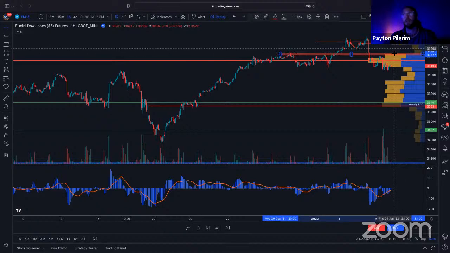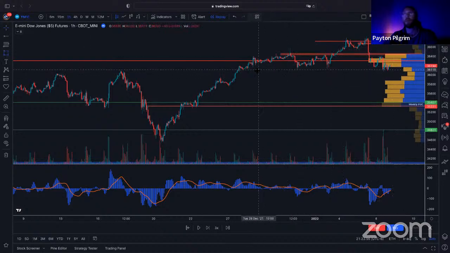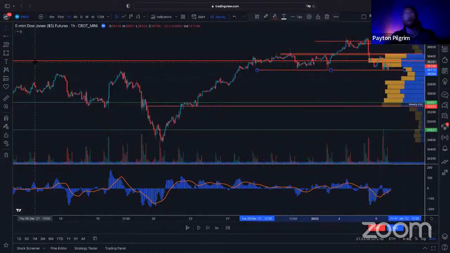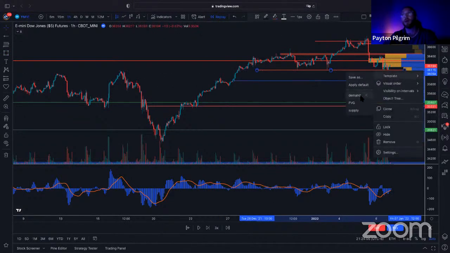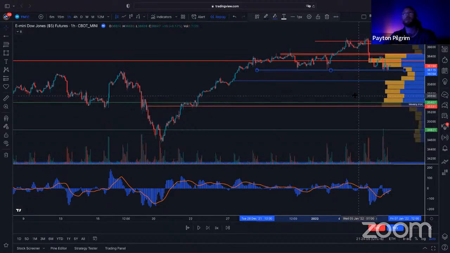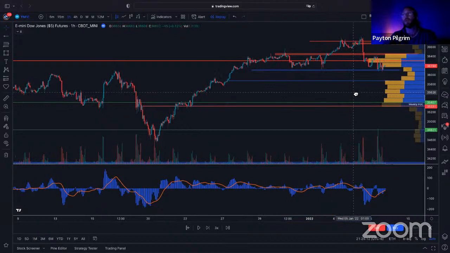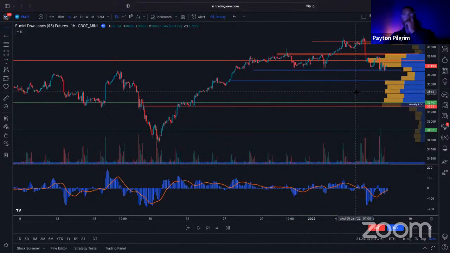This is not going to be an area where price is going to hang out. Same pretty much if it breaks any lower, it's coming straight into this level. So these are kind of lower time frame demand areas, or more like intraday levels.